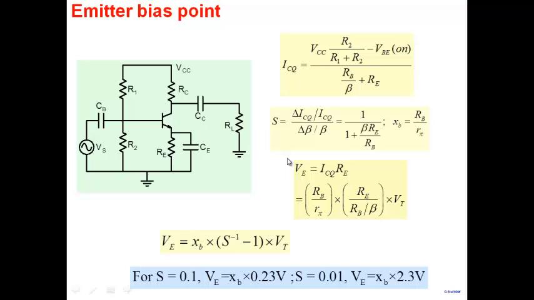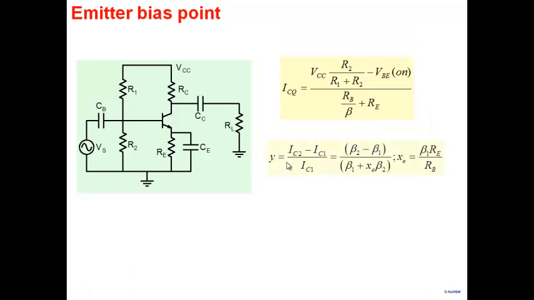Same thing, instead of S, what we can do is, this is what we had in the exam. We were not given S; the percentage change in collector current was given as 5%. So let's say Y is (IC2 minus IC1) by IC1. What is IC2 and IC1? IC1 is the current that you get for beta 1, and IC2 is the current that you get for beta 2.